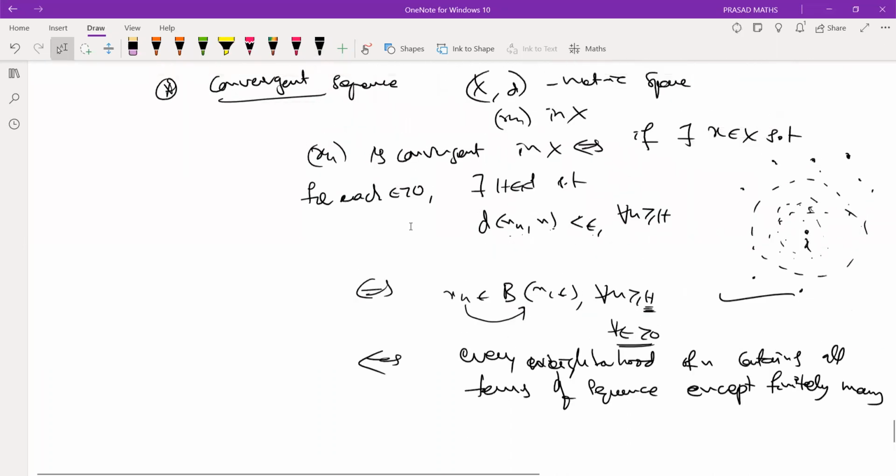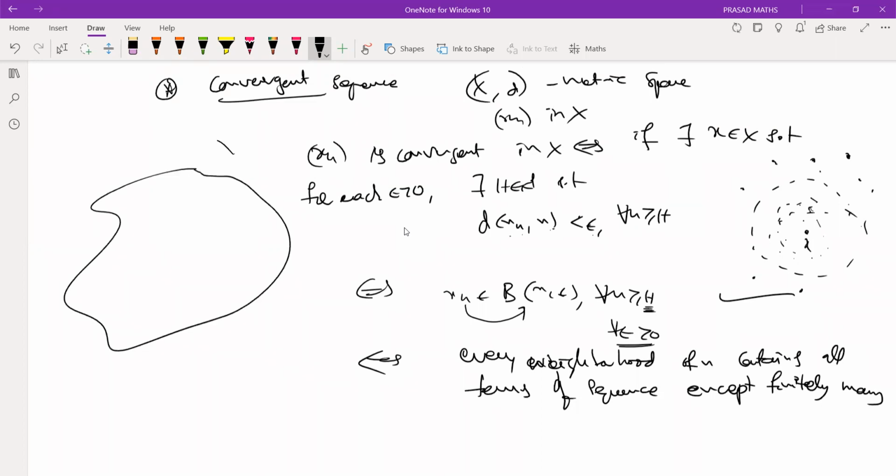So when do you say that xn converges? If there exists at least one point in my metric space, and of course that point must be unique, I will show that later.